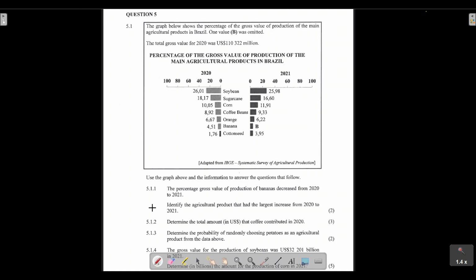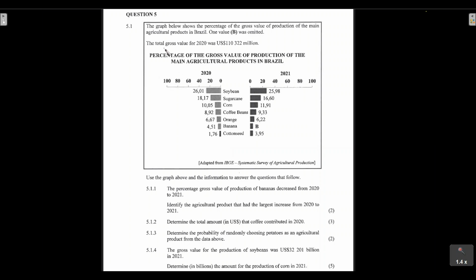It says that the graph below shows the percentage of the gross value of production of the main agricultural products in Brazil. One value, B, is omitted. So we are told that these bar graphs basically show the percentages of the main agricultural products that are produced in Brazil.